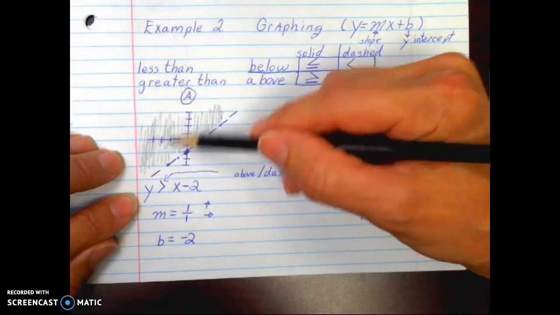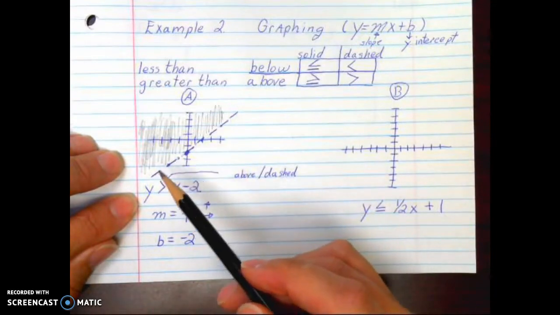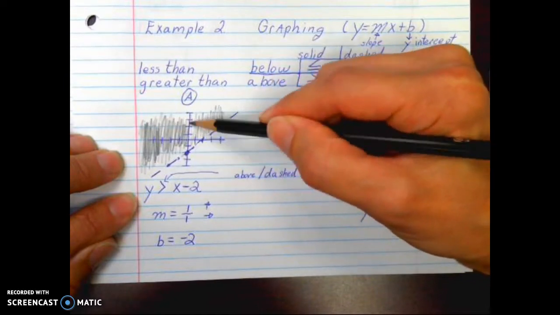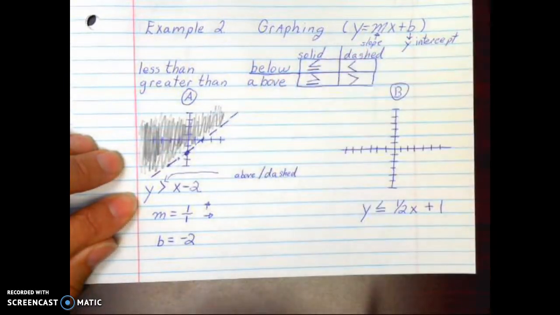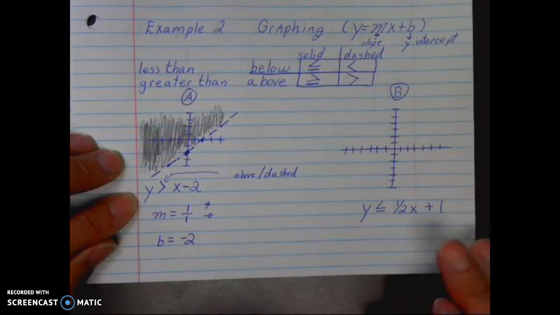Having the line isn't just the answer. It's having the line and this shading. So make sure that we can see the shading above it. Okay, so that's shaded.